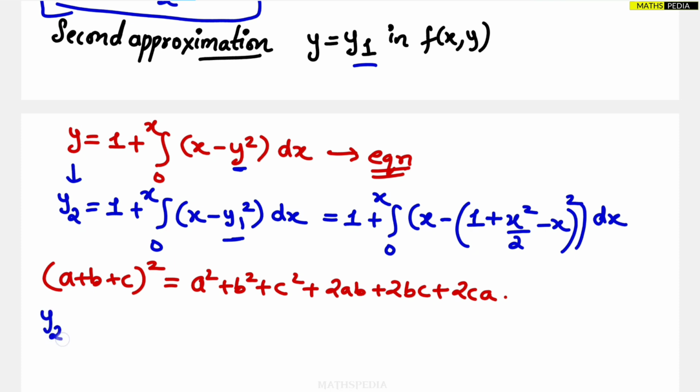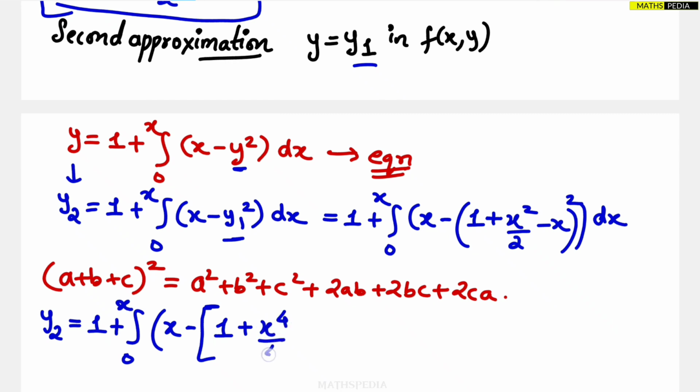So the y2 value becomes 1 plus integration of, now we are not doing the integration part, we are just simplifying the equation, right? So x minus we keep it outside. Now inside the bracket I will apply a plus b plus c the whole square. So a square, which is 1 square, 1, plus b square, x square by 2 square will be x power 4 by 4, then c square, minus x whole square, that will become plus x square, plus now 2ab.